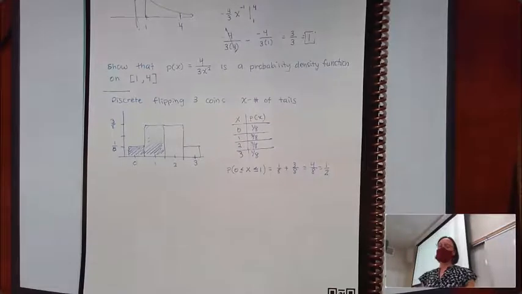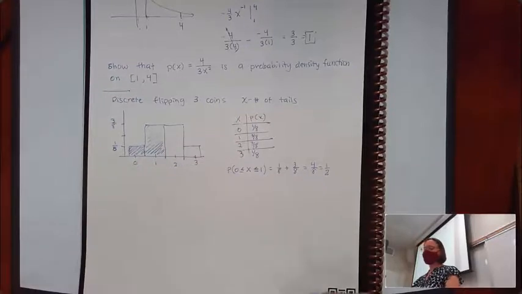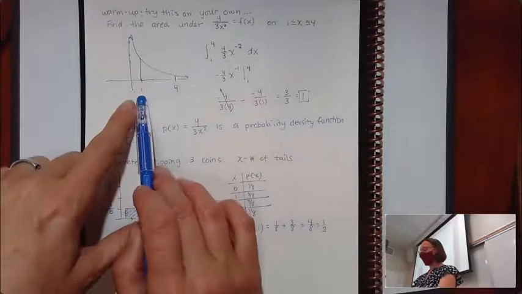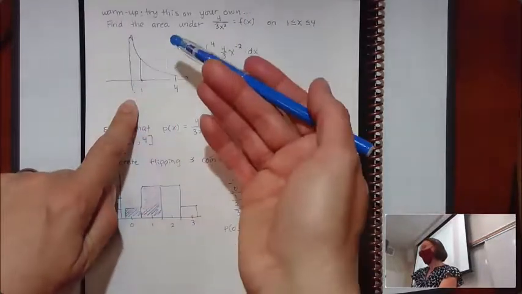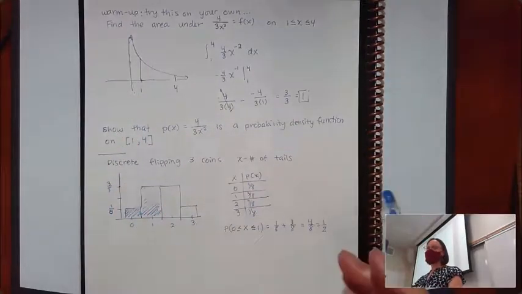What's happening when we switch this to being continuous is rather than having this specific set of numbers that it can take on, we have a situation where X can take on any value between, in this case, 1 and 4. The idea is still the same.